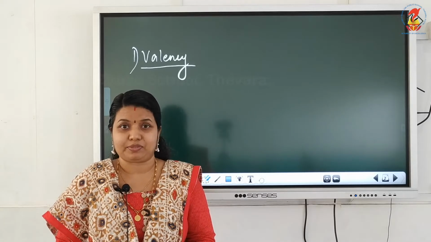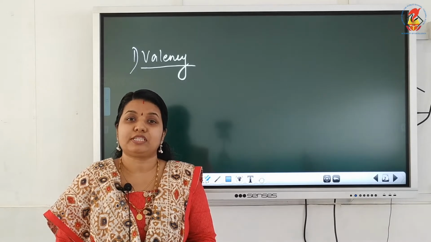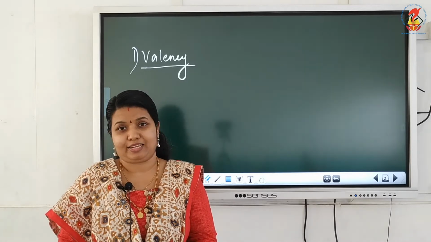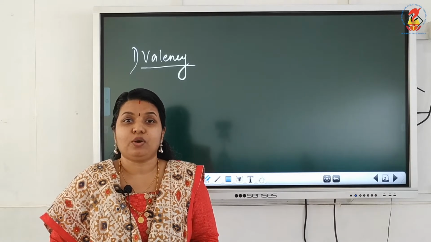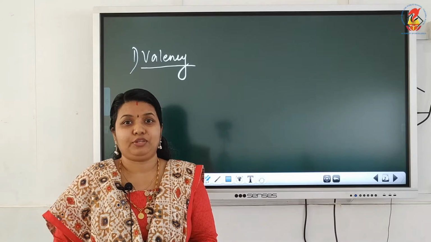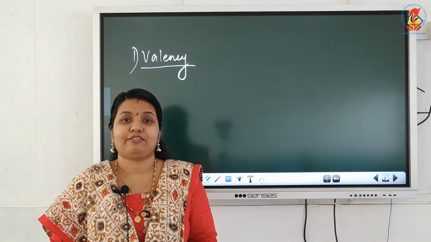In that attempt, atoms gain electrons, lose electrons or share electrons with other atoms. So, the number of electrons gained, shared or lost in order to attain the configuration of the nearest noble gas, that is known as valency.